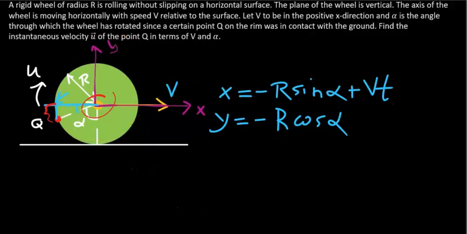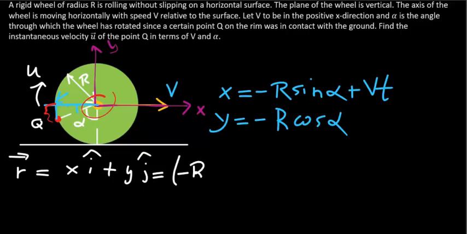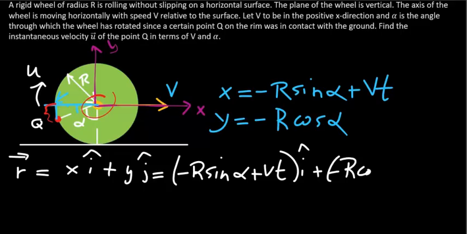So let's write the expression for the position vector of that point Q. That is just x i hat plus y j hat. So x is minus r sine alpha plus vt, i hat, plus minus r cosine alpha j hat.